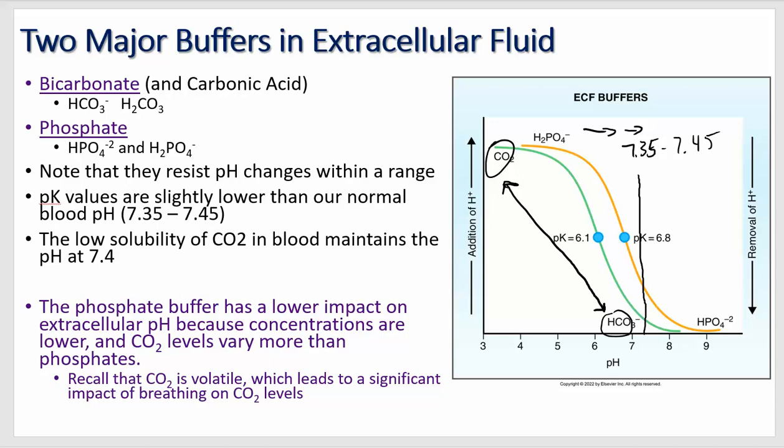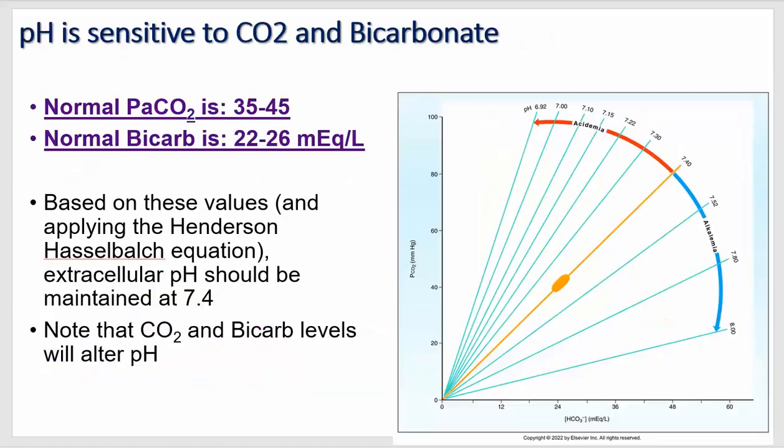Carbon dioxide with ventilation, bicarbonate is more renal. So there's a push and pull of bicarbonate and carbon dioxide that helps keep us in that more neutral range. And that's what this graph is talking about.